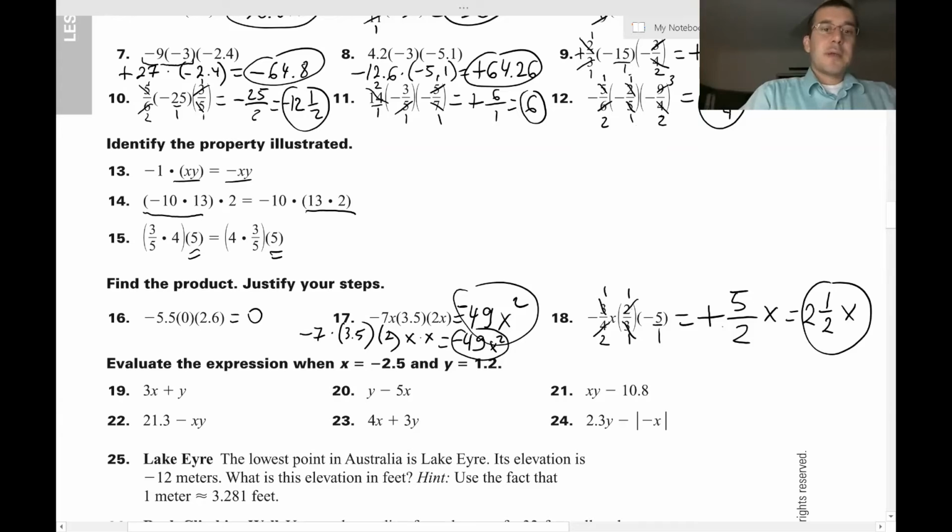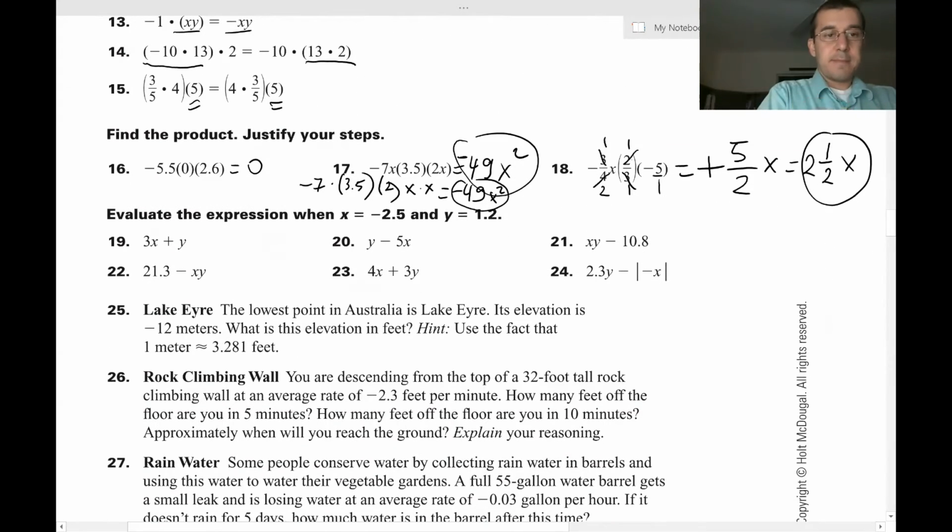Evaluate the expression when x equals minus 2.5 and y equals 1.2. 19 through 24. So let's do 19. We have 3 times x, which is minus 2.5, plus y, which is 1.2. So we end up with two numbers with different signs. So minus 3 times 2.5 is 3 times 5, 3 times 5 is 15. 5 and 1 we remember. 3 times 2 is 6 and 1 is 7.